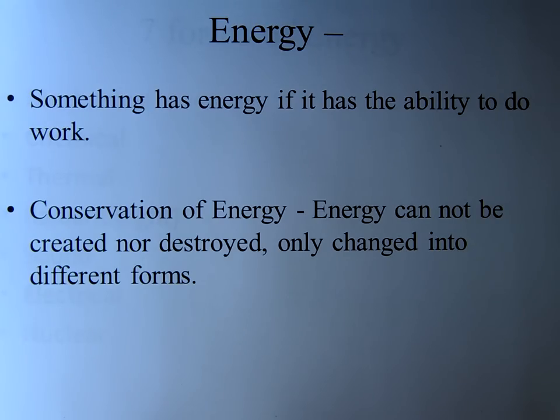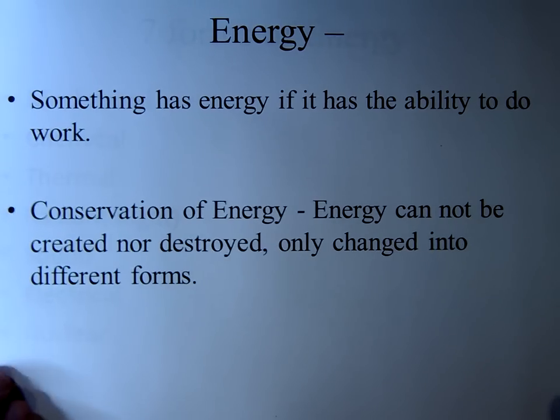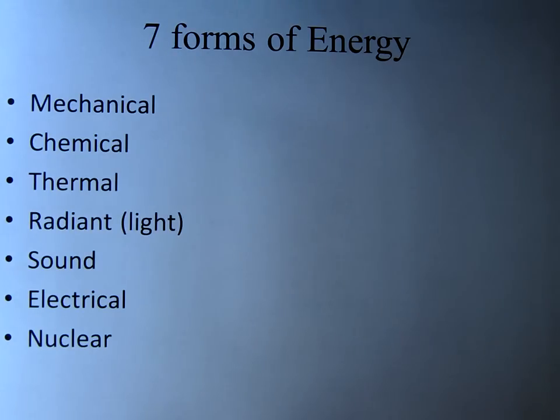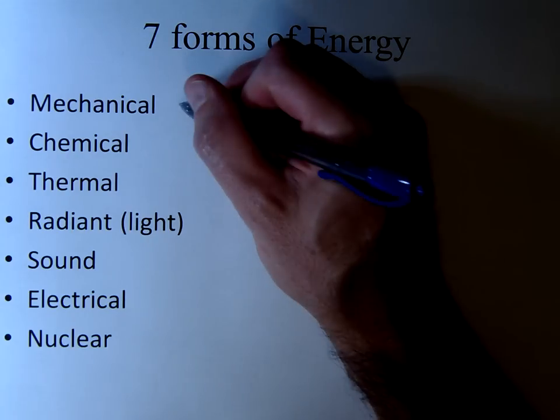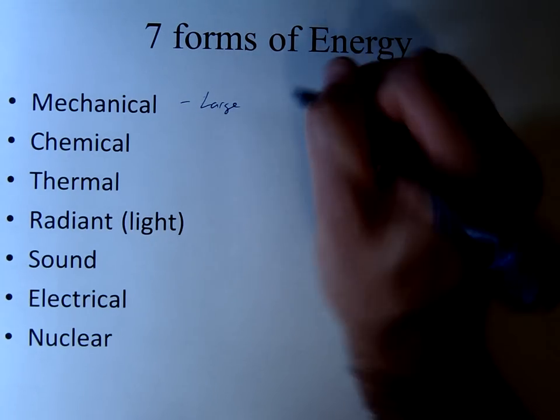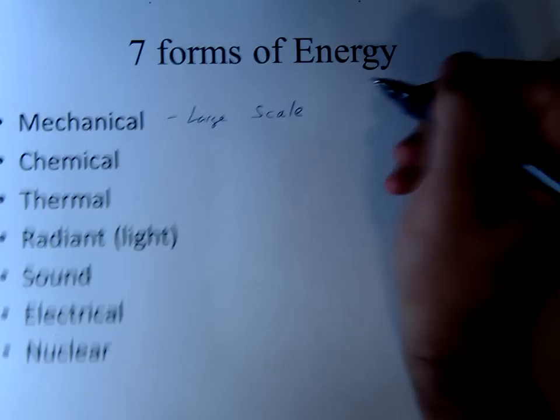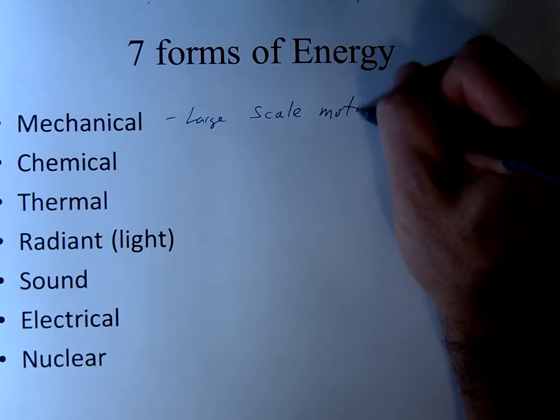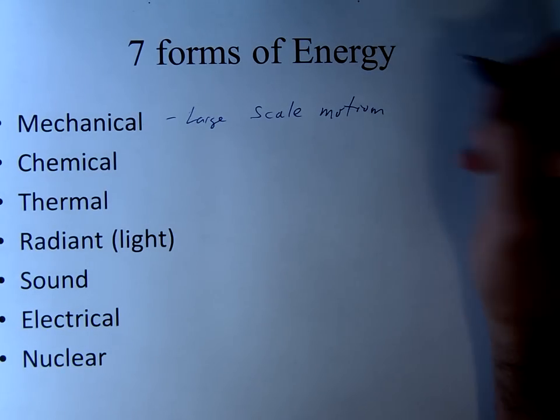So that's going to be a big concept in this unit, where we're going to be changing our energy into various forms. Let's go over some of the basic forms that we have. There's 7 basic forms. Mechanical energy is essentially energy in motion, of large scale motion, so cars, planes, swimming, any kind of moving.